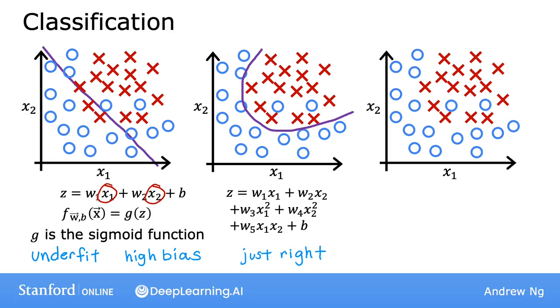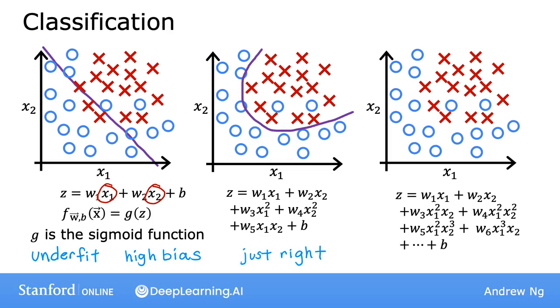And finally, at the other extreme, if you were to fit a very high-order polynomial with many, many features like these, then the model may try really hard and contort or twist itself to find a decision boundary that fits your training data perfectly. Having all these higher-order polynomial features allows the algorithm to choose this really overly complex decision boundary.